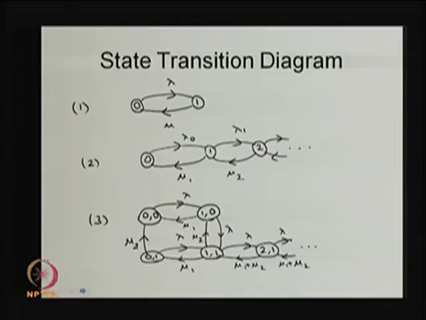For an irreducible Markov chain, all the states are of the same type. For a finite Markov chain, we have at least one positive recurrent state. Therefore, both the states are going to be positive recurrent. But here there is no periodicity for the continuous time Markov chain. Therefore, we can conclude for the first example, both the states are positive recurrent and the Markov chain is an irreducible Markov chain.